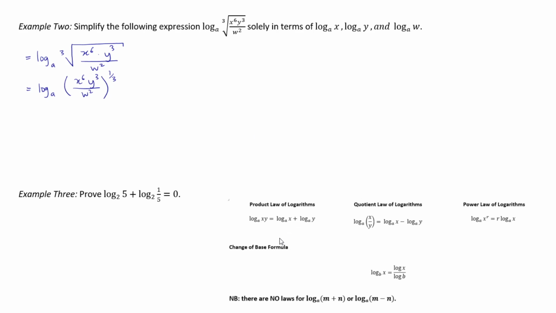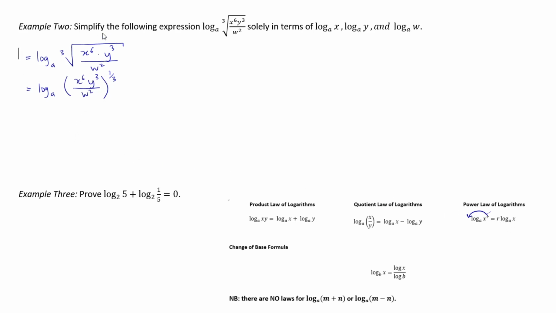Now I can look at my laws here. When I have log of something, base a, raised to an exponent, we see with the power law that the exponent moves down in front. So if you have log of some number, base a, and that number is raised to some exponent, that exponent becomes the coefficient of the entire logarithm.